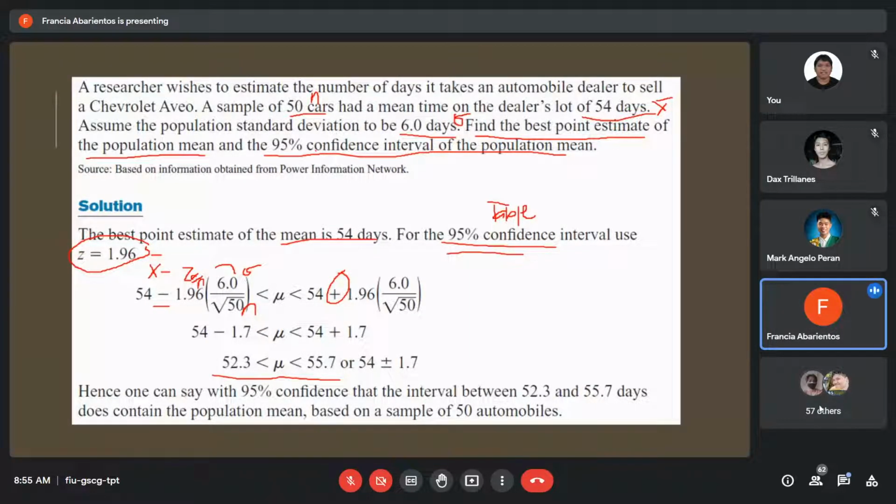Okay? So, with 95% confidence, the interval between 52.3 and 55.7 days does not contain the population mean, based on the sample of 50 automobiles. Ayan. One can say, pwede daw, 95% confidence that the interval between 52.3 and 55.7 days does not contain the population mean. Okay? Based on the sample of 50 automobiles.